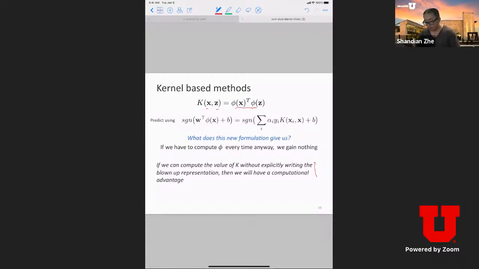In both the training objective and the prediction, we need to calculate this function's value. But if every time we need to do the explicit feature mapping and then the inner product, it will be very expensive, and we gain nothing. So the kernel trick is that if we can compute the value of k without explicitly writing the blown-up representation and then the dot product, then we can gain a big computational advantage. This is the idea.